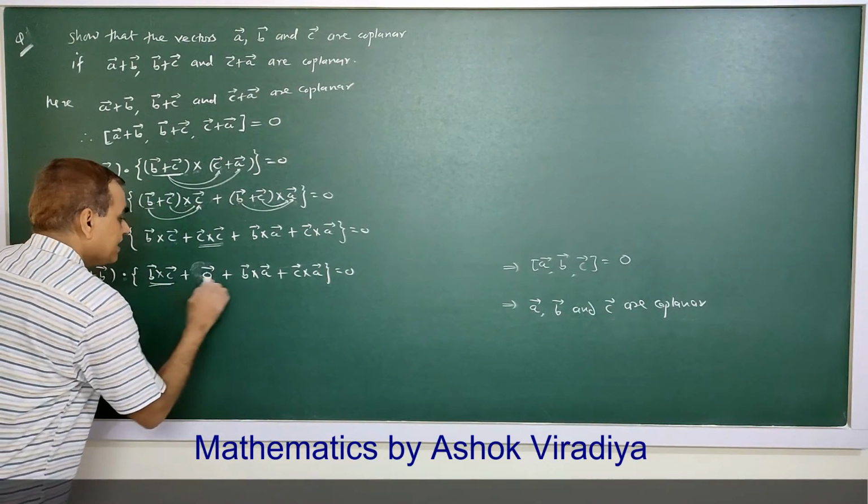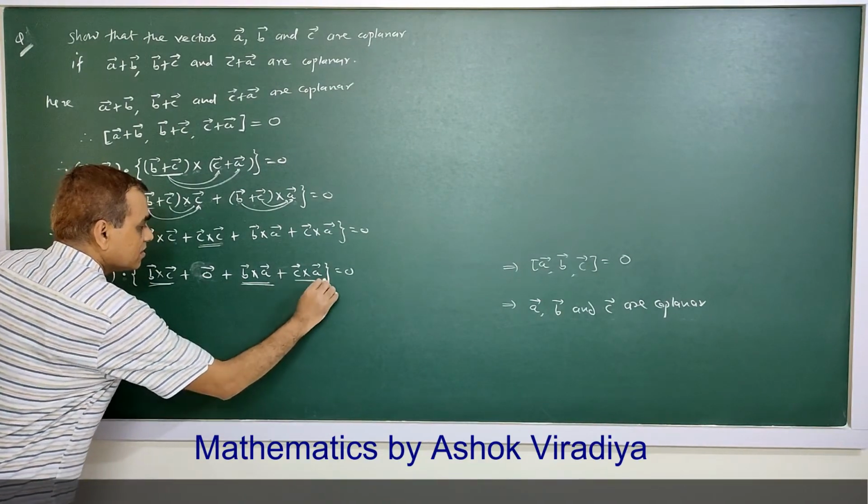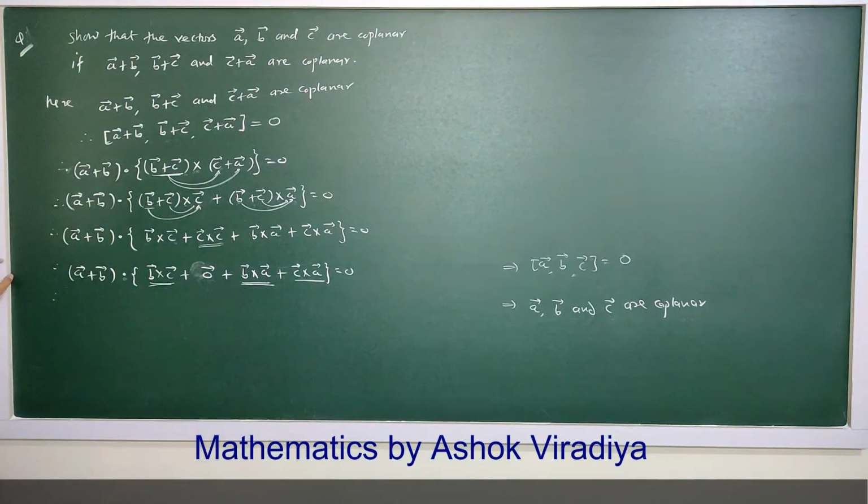Here now we are having 3 vectors. 0 vector is nothing.